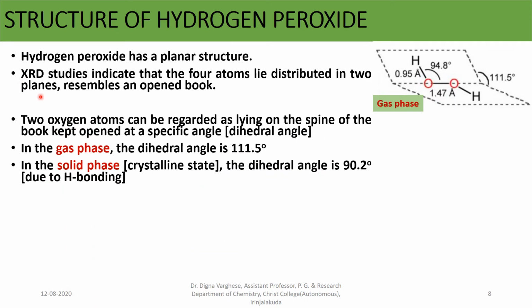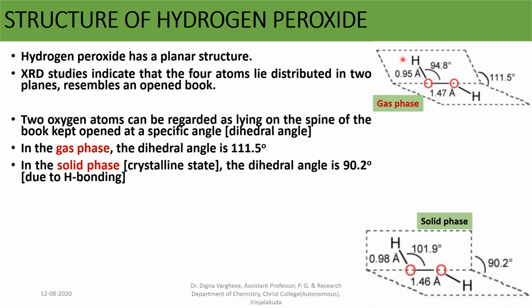The 2 oxygens can be regarded as lying on the spine of the book. Here the oxygen atoms are at the spine of the book and the 2 hydrogen atoms lie on the open pages of the book.